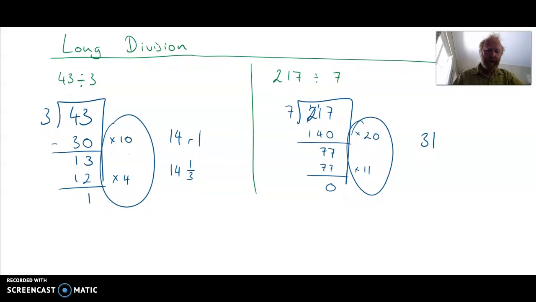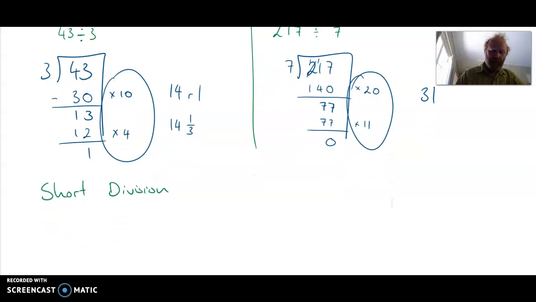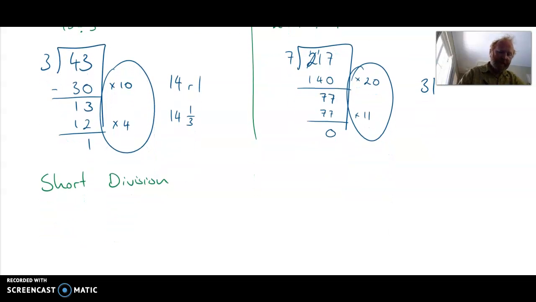What we've done here is we've been breaking the number down bit by bit. So the shorter form goes like this, and we're not going to break it down bit by bit. The shorter form of division for exactly the same numbers will start with 43 and divide it by 3, and it goes like this.